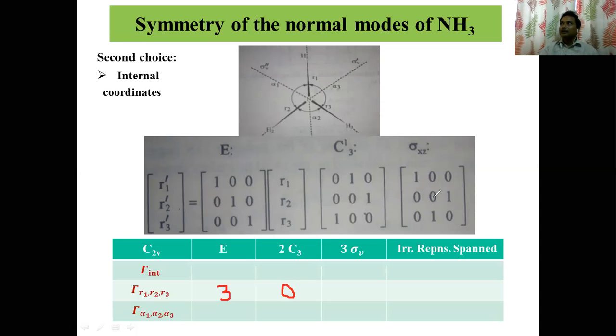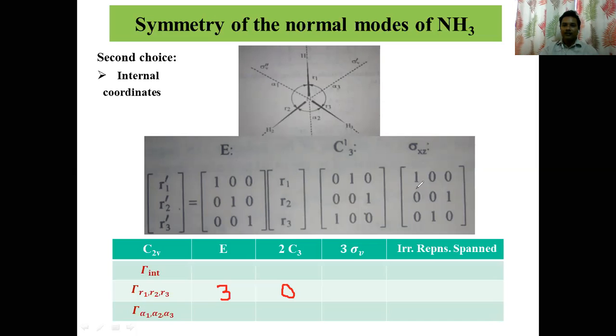Now, for sigma v xz, this is going to be again exactly in the same way. Like if xz is along this, so R1 remains unchanged. So that means R1 prime should be R1, and the rest of them are going to change. So change means R2 goes to R3, R3 comes to R2.